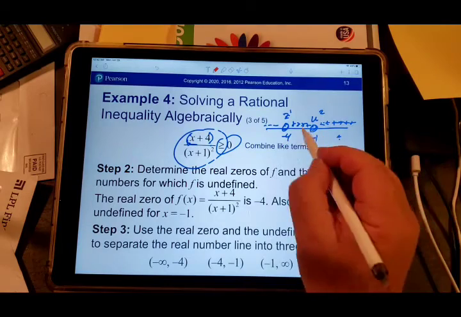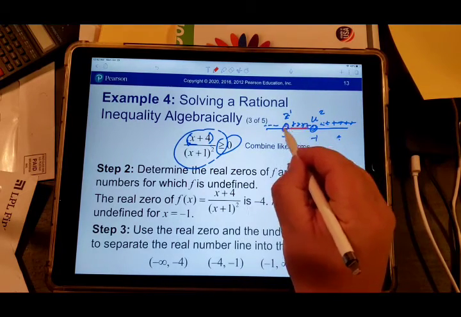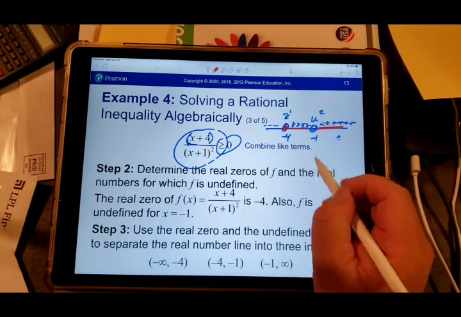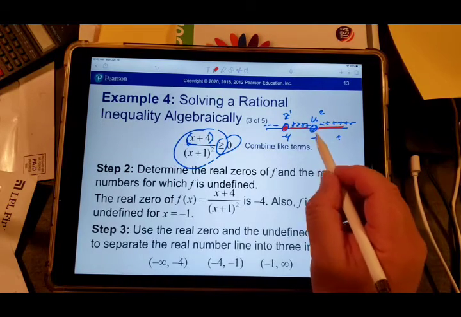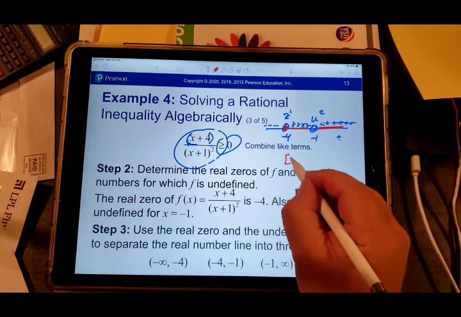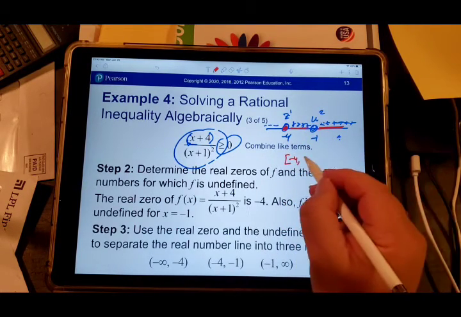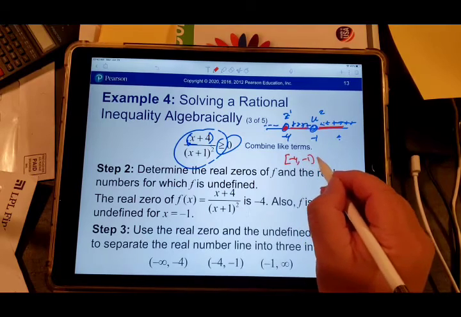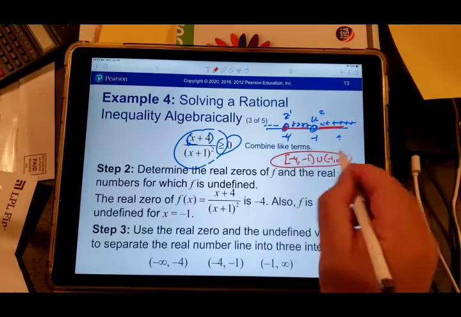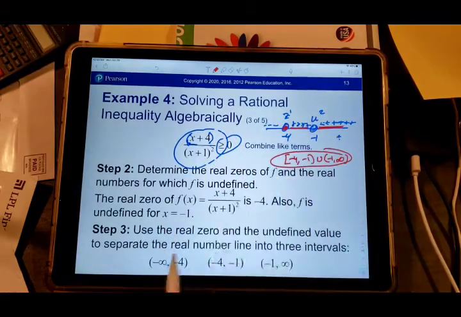Well, greater than 0 means when it's positive or 0. And it's positive there. Remember, it's undefined at -1, so that can't be part of the answer. But I've got two intervals, -4, -1, union, -1, infinity is going to be my answer to this question.